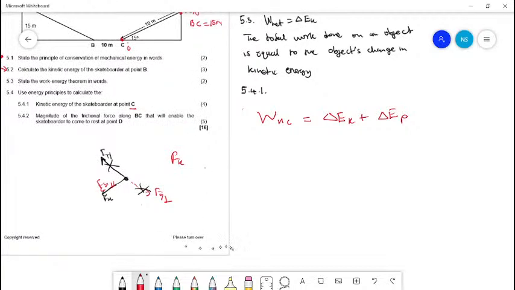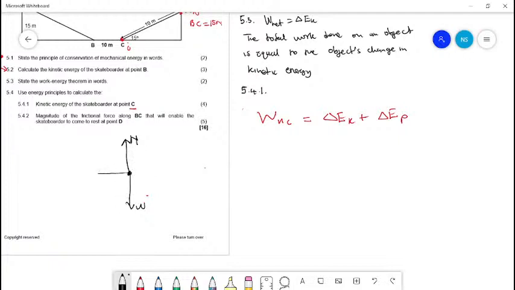So we're going to have a free body diagram like the one that we drew before. So we're going to have the dot, normal force, force of gravity, and f of k.